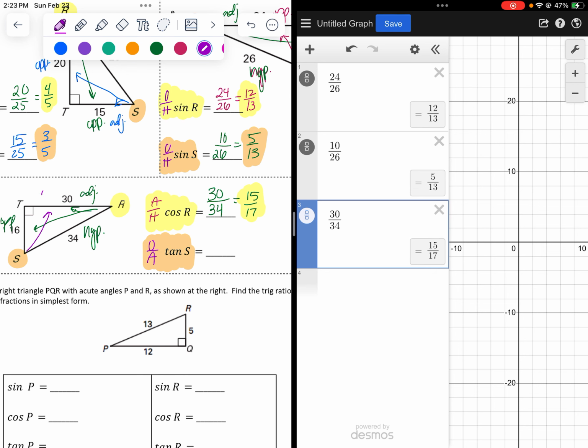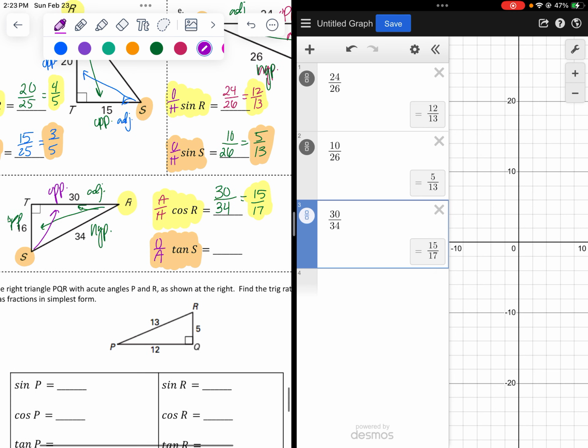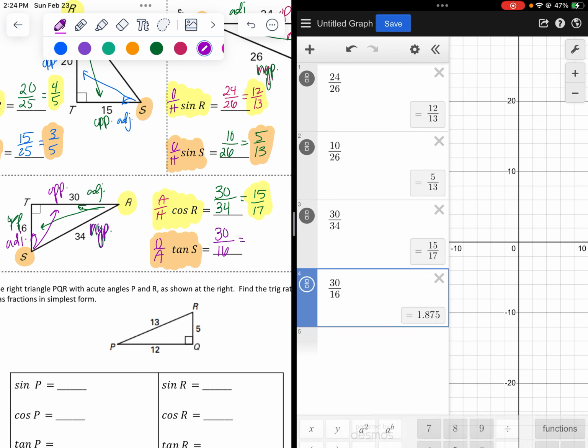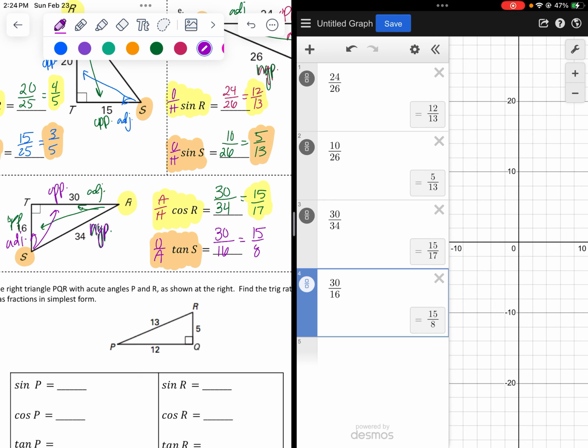Right, I have the opposite to be 30, the adjacent to be the 16, my hypotenuse stays the same. Okay, tangent is opposite over adjacent, so I'm going to have my opposite side, which is 30, over the adjacent, which is 16, and I'm going to see if that reduces. Let's see. Nice, it reduces to 15 over 8. And that is your answer.